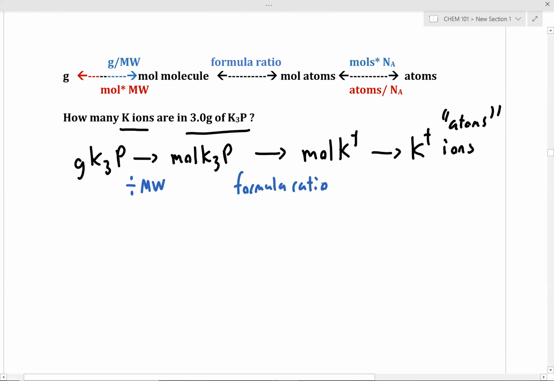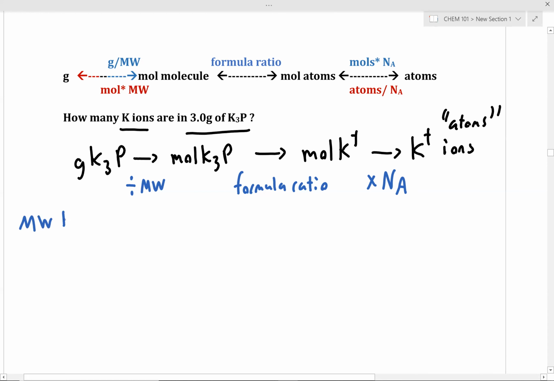And finally, if we want to go from moles of atoms to just atoms, if we want to go from moles to particles, what do we multiply by? Avogadro's number. So we're going to multiply by Avogadro's number. So with that all established, we just need one more piece of information.